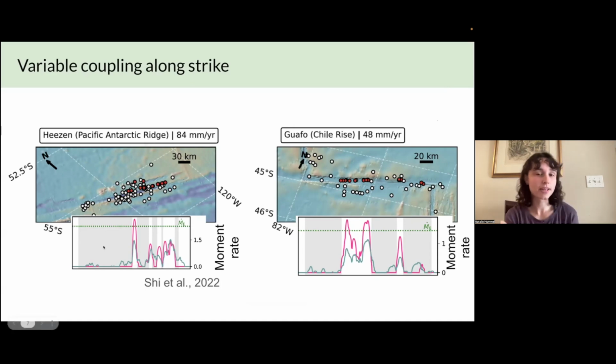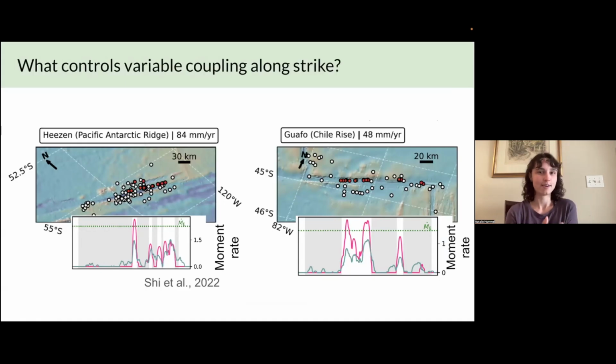And you can see that in some places, the estimated moment rate is comparable to the expected moment rate. But in these gray regions, the calculated moment rate is way below the expected moment rate. So it looks like in those places, the fault is experiencing a lot of aseismic slip. And so there's this variability along strike, which raises the question: what controls coupling on an oceanic transform fault if we see this variable behavior?